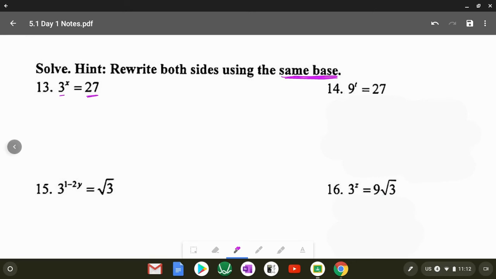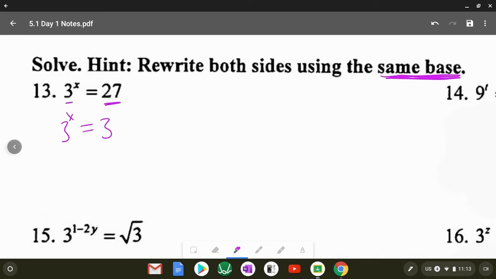We're going to talk about logarithms later in this chapter, but if you can rewrite the equation, just changing the way the numbers look, and they have the same base, then it'll make it a lot easier. So what we want to do here is get both sides to have the same base. Well, 27 on the right side can be rewritten as a base 3, but I can't just change the number 27 to be 3. I have to write it as the same value. So 27 is equal to 3 to the 3rd.